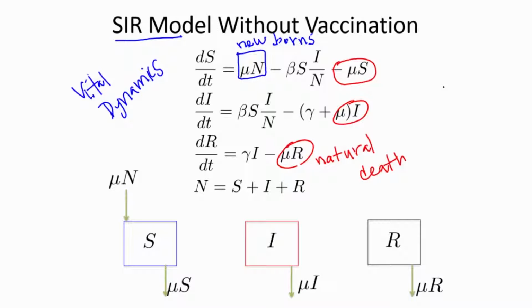So these are the terms of the so-called vital dynamics, right? The newborns are assumed to be susceptible, and then at a constant rate, the same constant, there are individuals that are dying out of every compartment. And the mathematics in this model works in such a way that we can easily verify that the total population is constant.